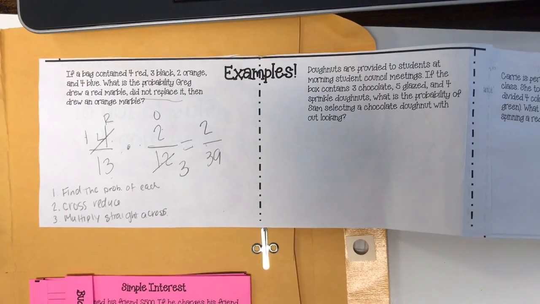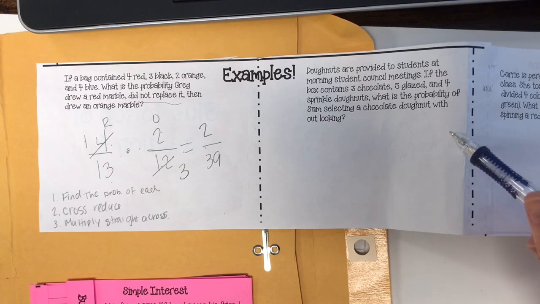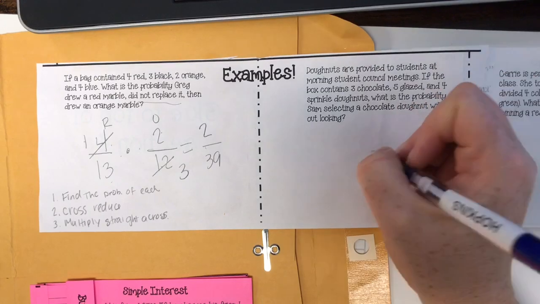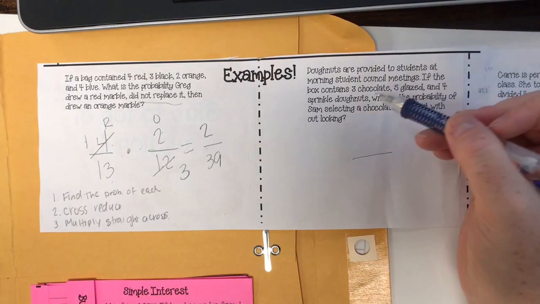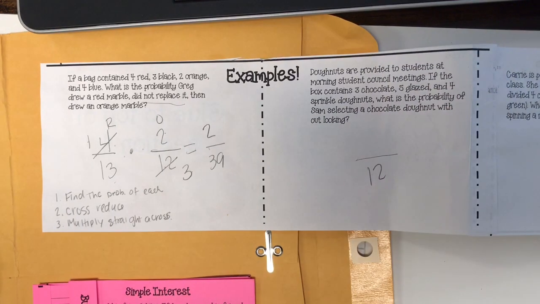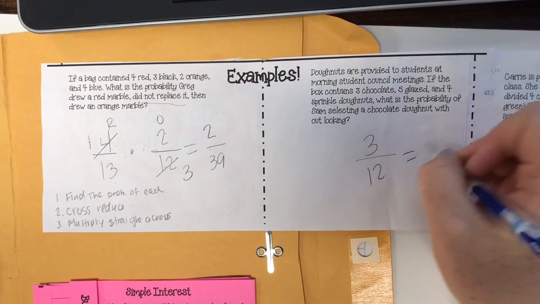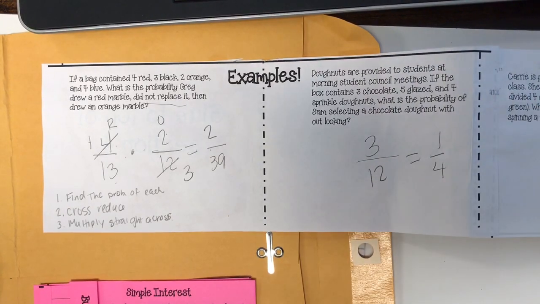If the box contains 3 chocolate, 5 glaze, and 4 sprinkle, what is the probability of Sam selecting a chocolate donut without looking? Okay, well, how many donuts are there total? 3, 8, 12. Okay, so chocolate donuts, 3. Reduce this to 1/4. There's only one thing happening, so we don't need to multiply. When there's more than one thing happening, you're generally going to multiply, because it's a probability of this, then that.